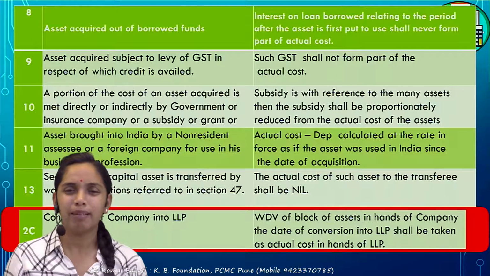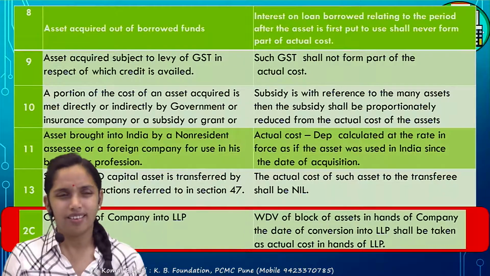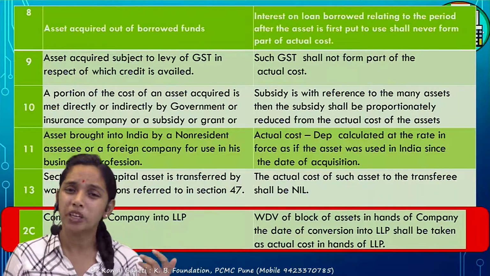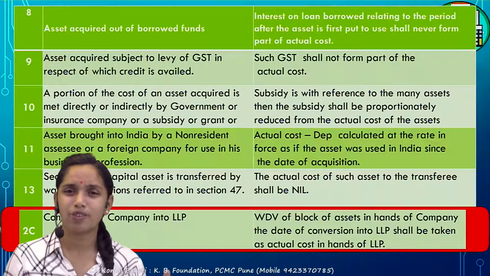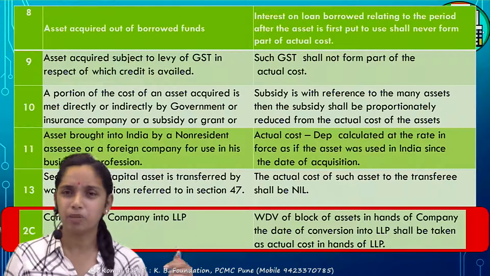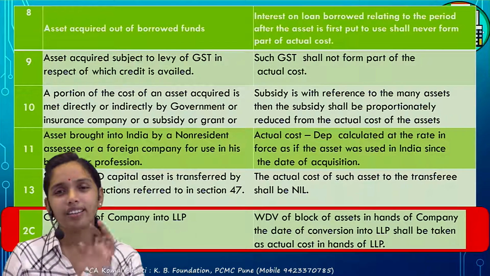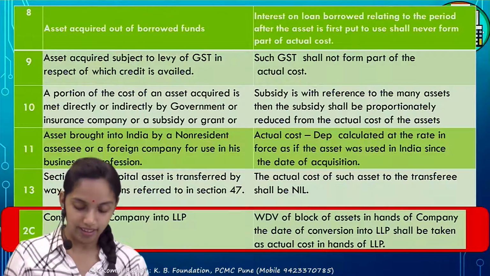It's very simple. Amalgamation, or holding to subsidiary, or conversion of a company into an LLP: in all these cases, what is the cost of acquisition? The WDV of the transferor becomes the cost to the transferee. Clear with it?